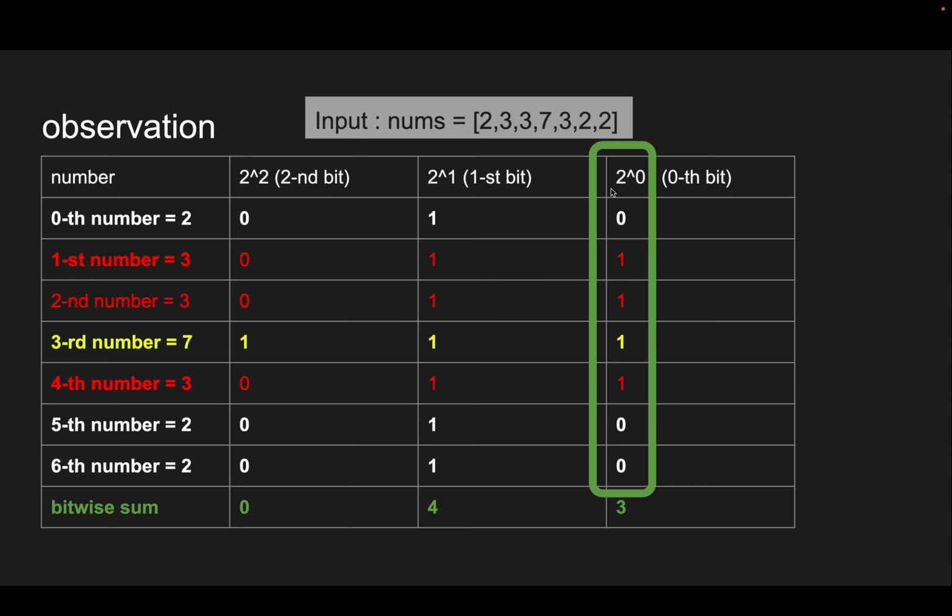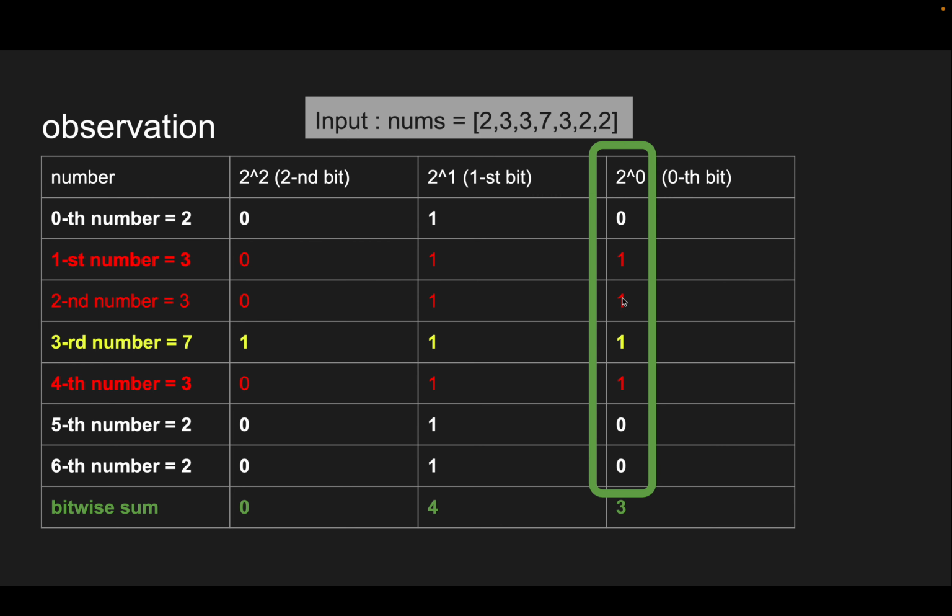If we take the bitwise summation, from the least significant bit to the most significant bit, we just sum up each column.